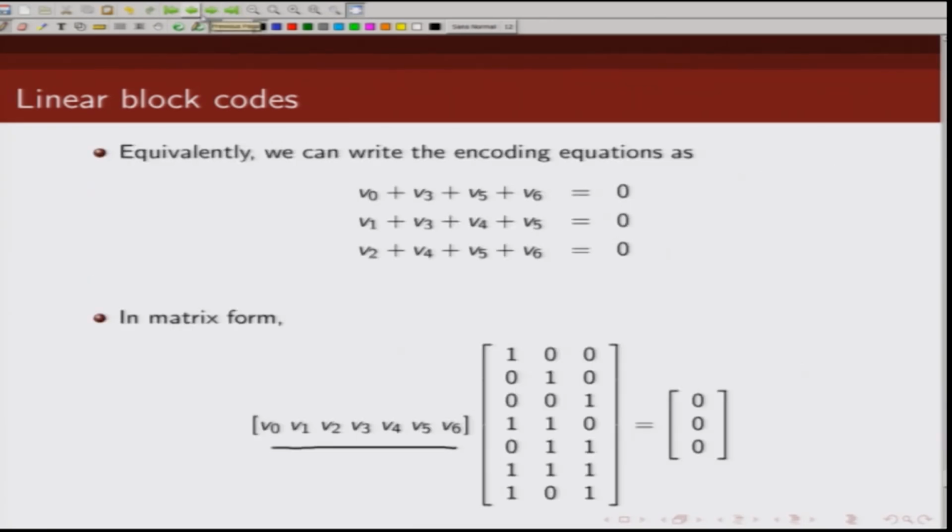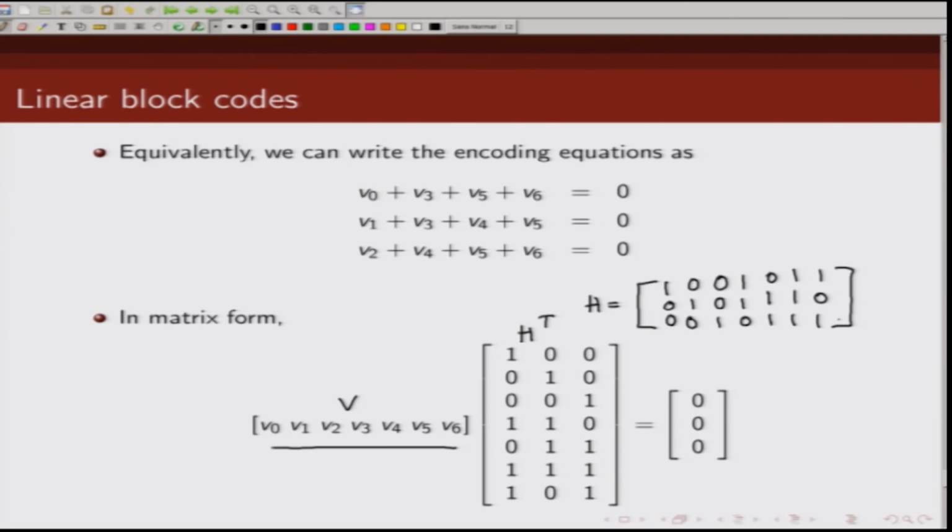So, we can write this as, this is my V, this is my H transpose, V H transpose is 0. So, then what is my H matrix? H matrix is the transpose of this matrix. So, this will be 1 0 0, 0 1 0, 0 0 1, 1 1 0, 0 1 1, 1 1 1, and 1 0 1. And so for the 7 4 code, this is basically 3 cross 7. As I said, n minus k cross n matrix.